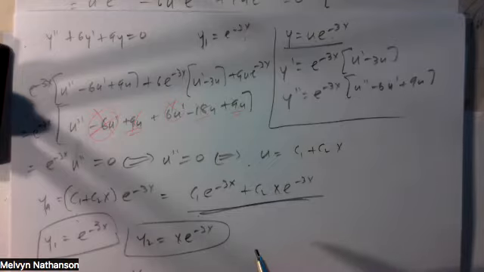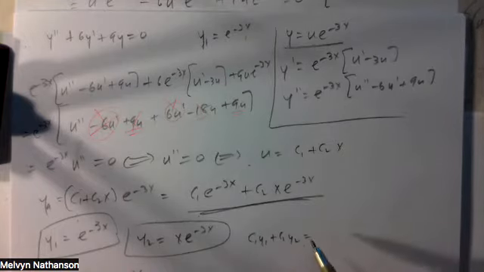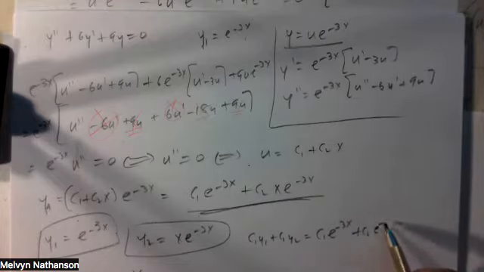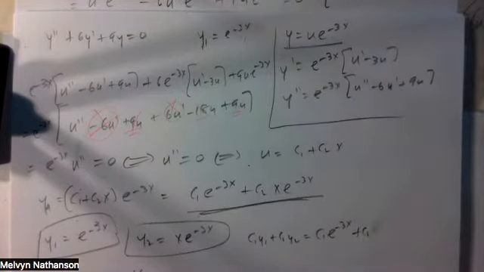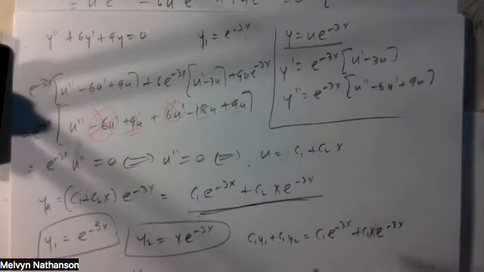So c1y1 plus c2y2, this is c1 e to the minus 3x plus C2, y2 is x e to the minus 3x.